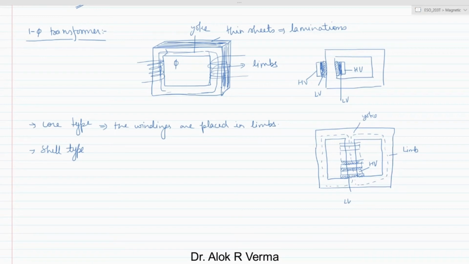So when we talk about ideal transformers, as we have mentioned, there will be a primary winding. If we consider a core type transformer, let us consider one core type ideal transformer. Suppose there is a transformer which is core type and has ideal characteristics.